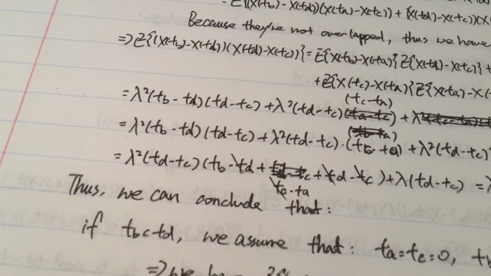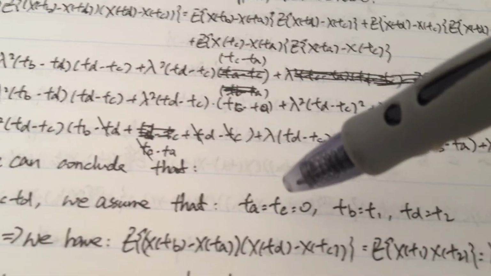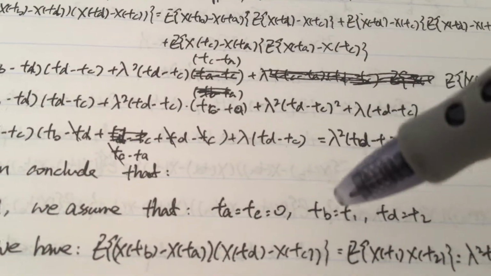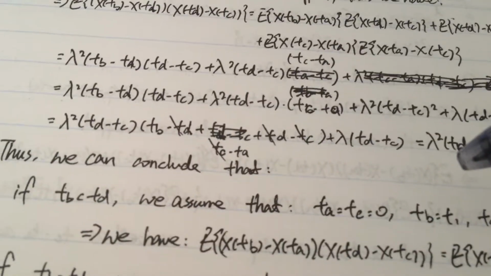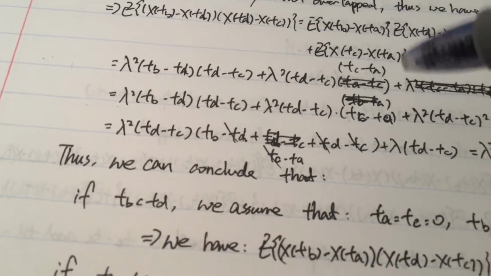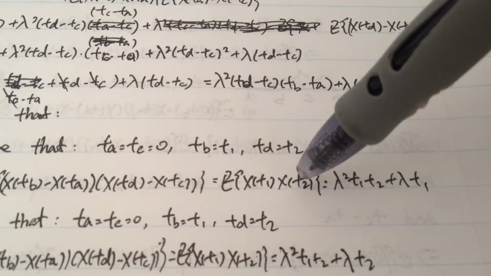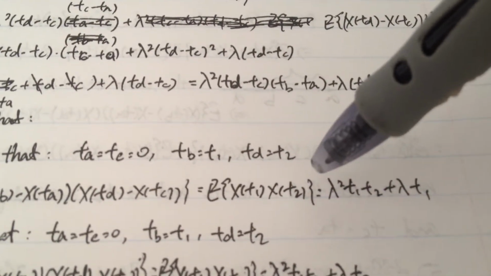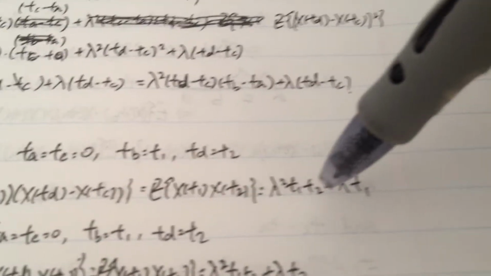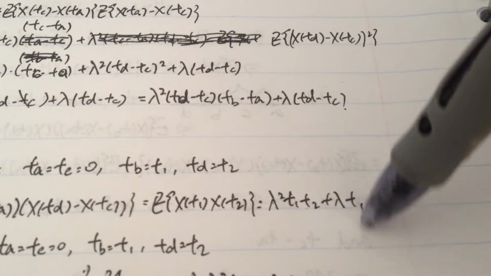So here we can conclude that if TA equals TC equals 0, and we assume TB equals T1, TD equals T2, then for the second situation, the mean of this part equals the mean of X(t1) multiplied by X(t2), which is the autocorrelation, and equals lambda squared multiplied by T1 multiplied by T2 plus lambda T1.